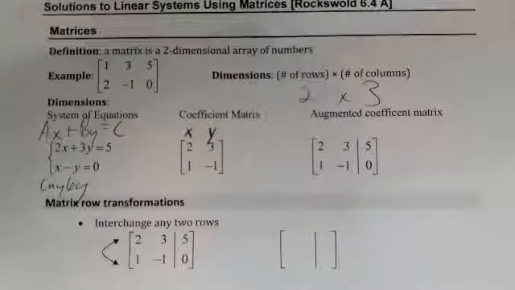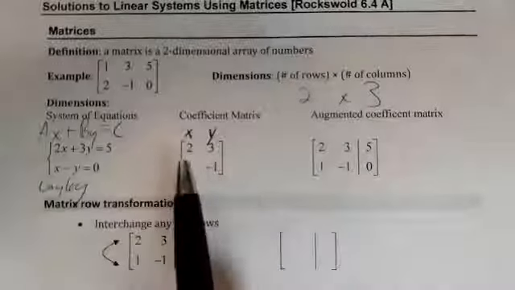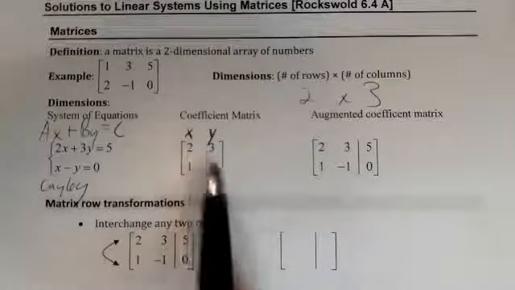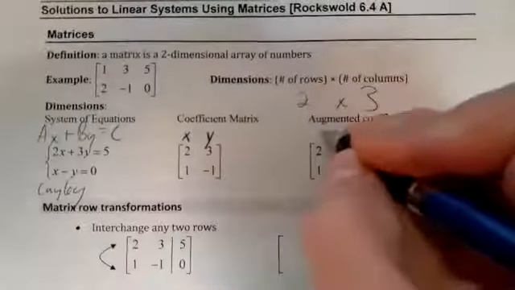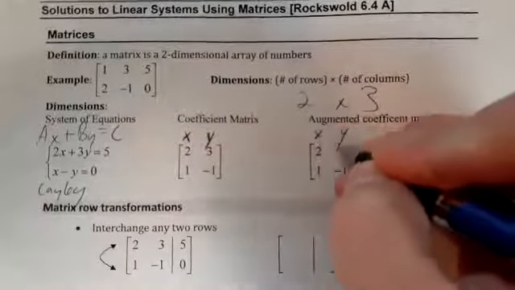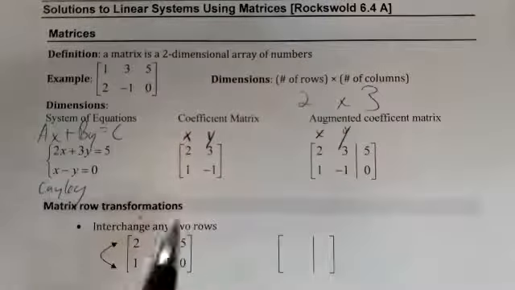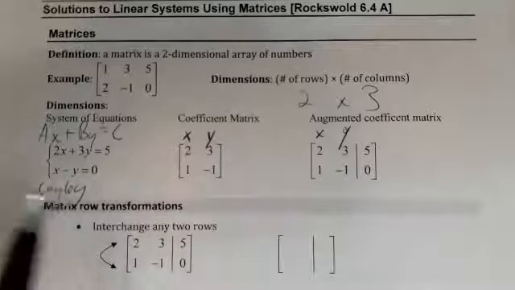So instead of writing the symbol, he used placement to represent that these were the coefficients of the x's, these are the coefficients of the y's. Same thing over here. A coefficient matrix is just the coefficients off of this.